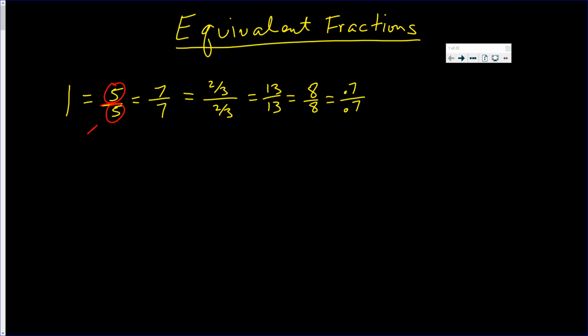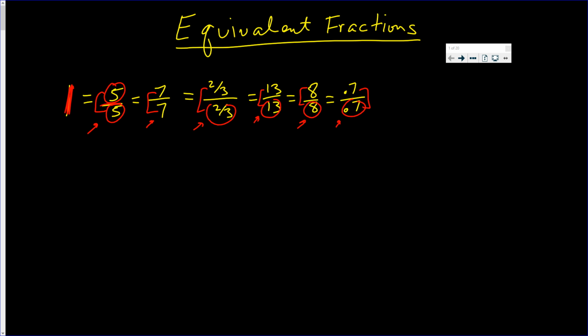Here we're dividing by 5, and here 7, and here 2/3, and over here 13 and 8 and 0.7. We're not dividing by 0 in any of these. And since the top and the bottom are the same, it always equals 1.